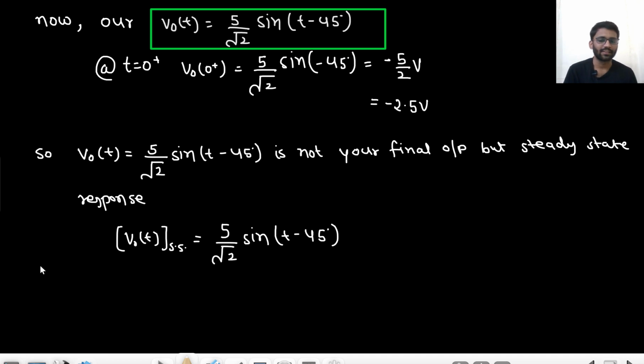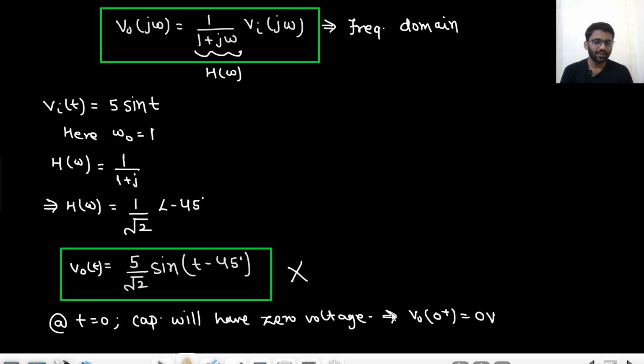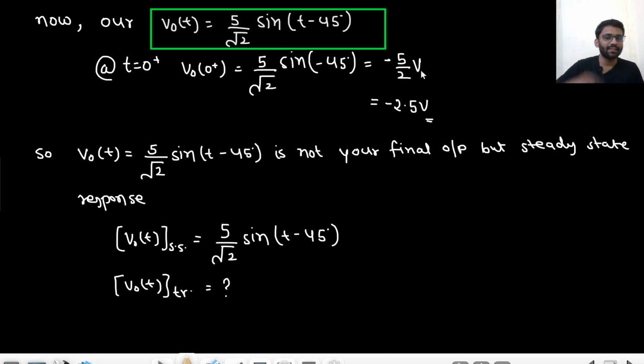Now how to find the transient? What will be my V naught t transient response? By putting t equals 0, you are getting minus 2.5 volt here. But in actual, V naught 0 plus is 0 volt. So there would be some transient that kills this minus 2.5 volt.